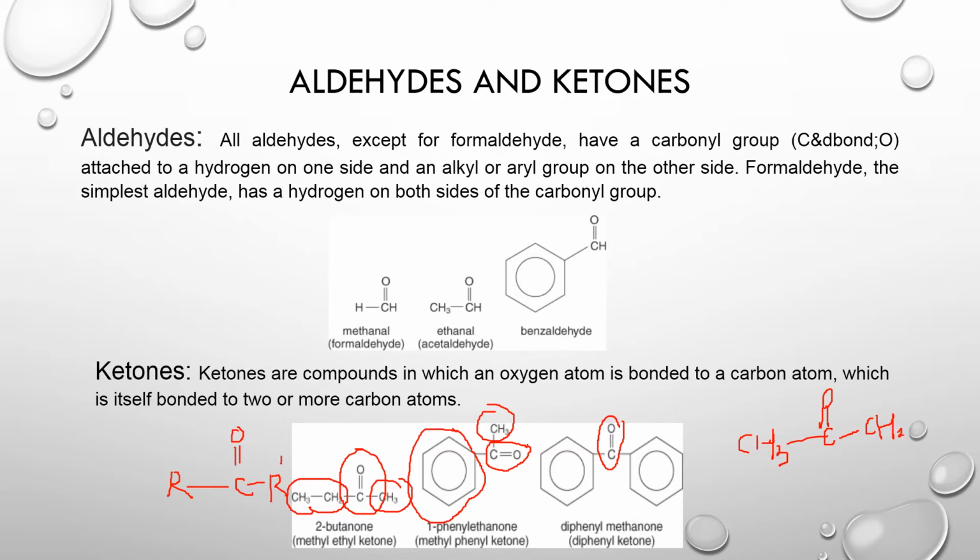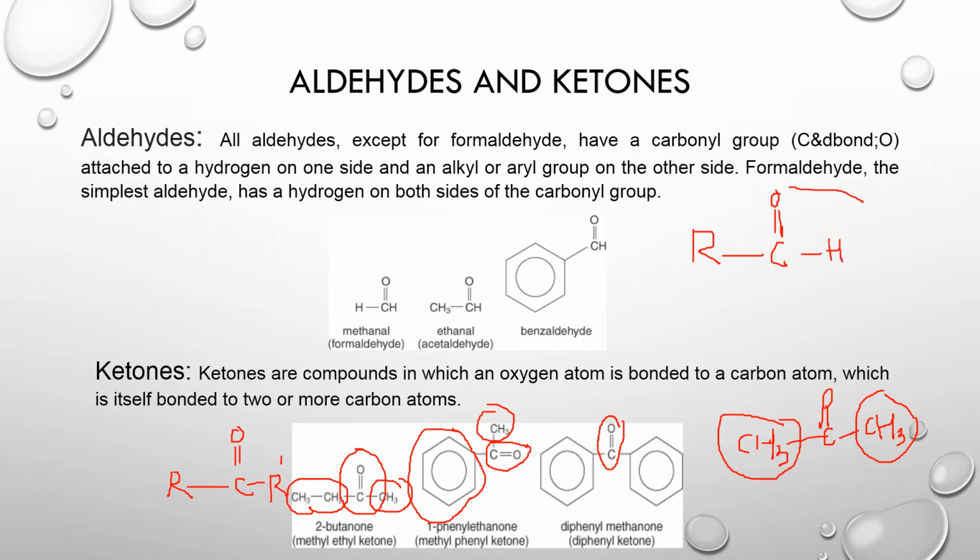This is the acetone molecule. In this molecule, the carbonyl carbon is directly attached to the two CH3 groups. Regarding aldehydes, the general formula for an aldehyde is R C double bond O H.